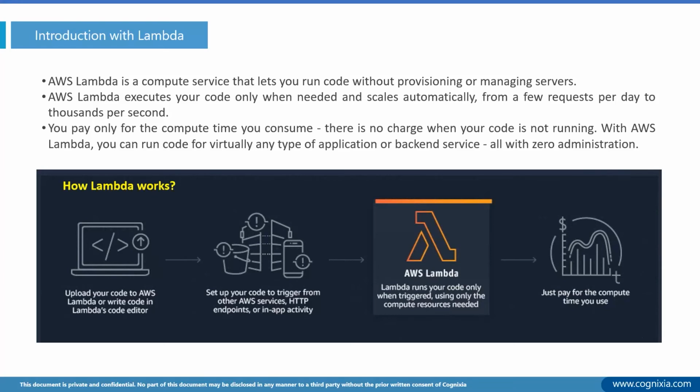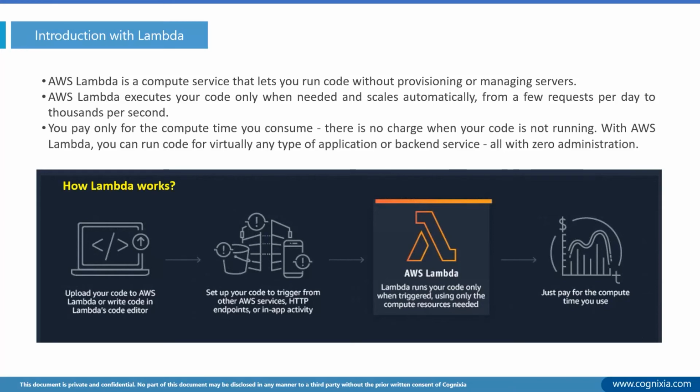First of all, it provides compute resources to run your code. But what is the beauty of this service? As you know, if you want to run a program, do you require a machine or not? Of course, you require a machine, right?